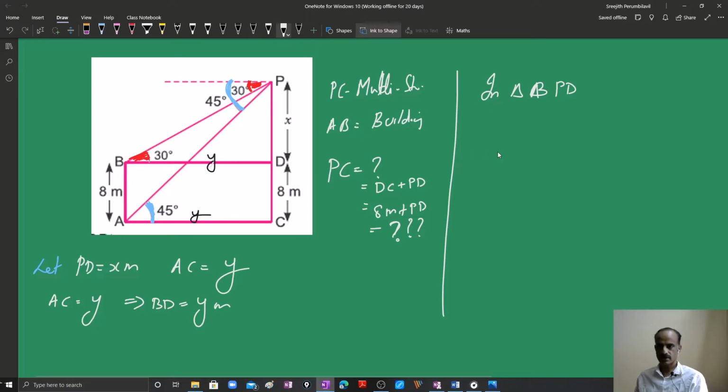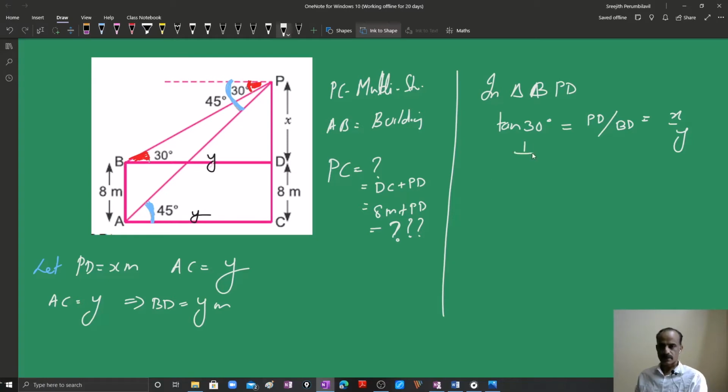Tan 30 is equal to, in triangle BPD, we get rid of the angle of depression and look at it as the angle of elevation, using alternate interior angles. Tan 30 is equal to PD divided by BD, that is X by Y. We need both X and Y. We can solve for one of them and then go for the other.